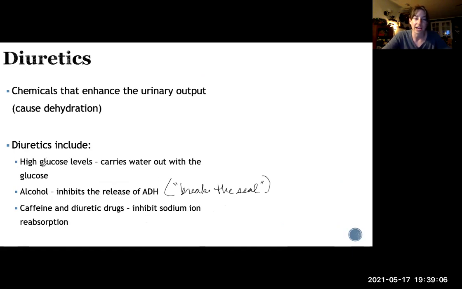I think I misspoke with the high glucose levels. Those high glucose levels are inside of the nephron, therefore in the collecting duct, and water will get carried out with it. So it's osmosis just in the opposite direction, causing dehydration and enhanced urinary output. Okay, so you're peeing more. A diuretic makes you pee more, which means you're peeing all your water out, which means you're getting dehydrated.